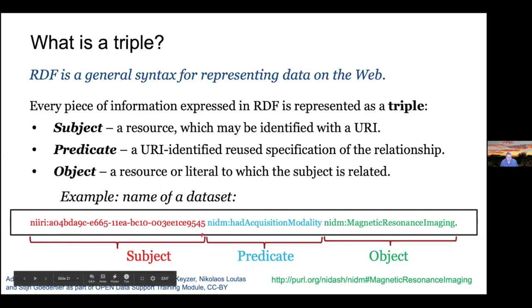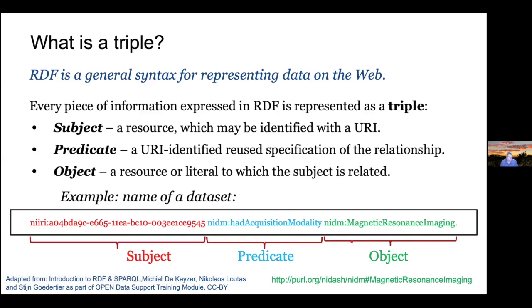You have, in this case, an acquisition scan, and the niiri is an internal identifier of that scan within the NIDM document. And then that has an acquisition modality. So this is the predicate, and the acquisition modality is magnetic resonance imaging.